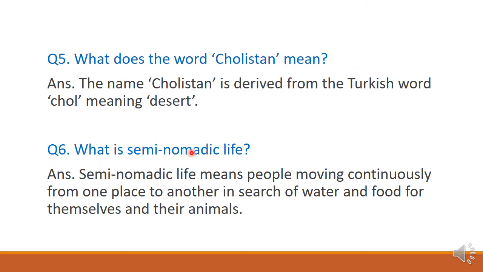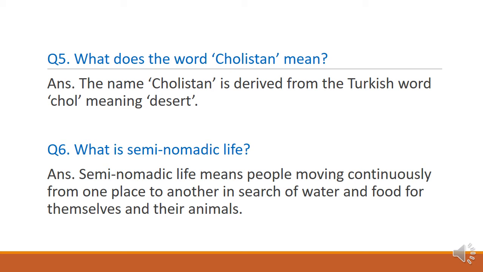Question number 6. What is semi-nomadic life? I told you what semi-nomadic life is. It means people move continuously from one place to another in search of food and water for themselves and their animals. There are many people who do not live for a very long period in a desert. They are nomadic people.